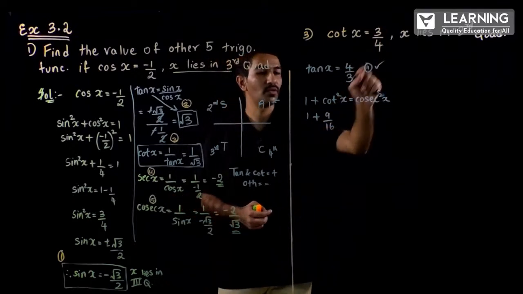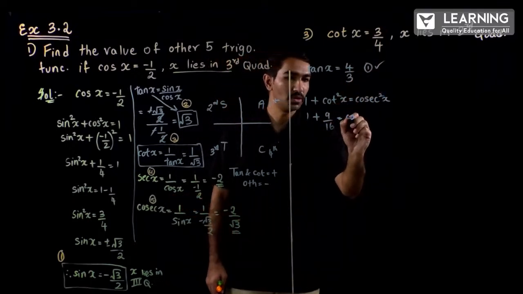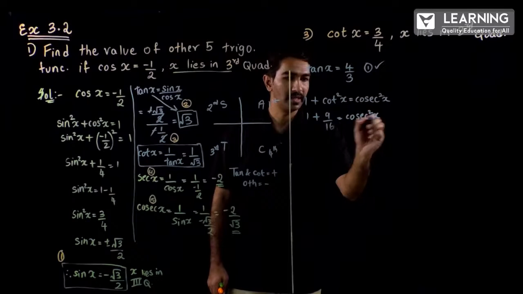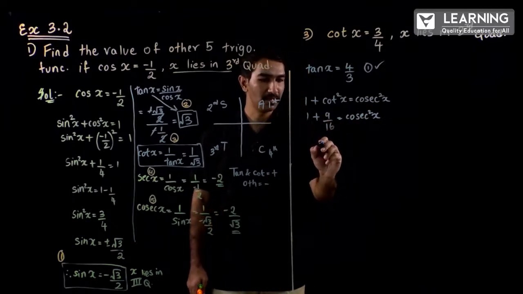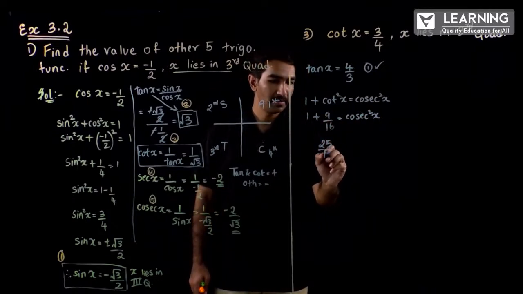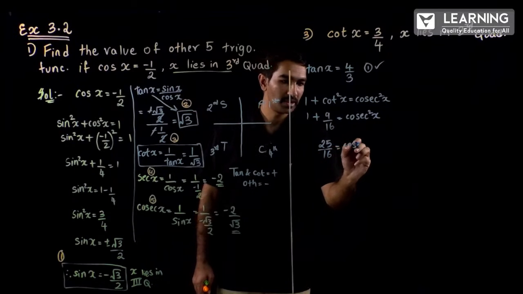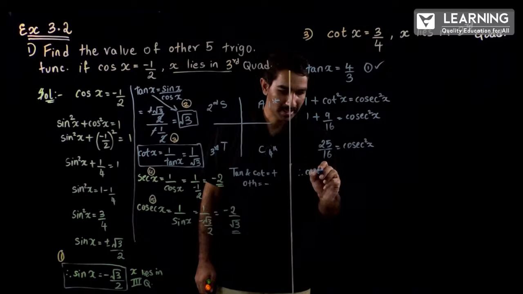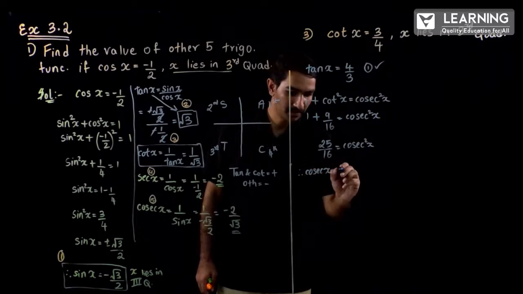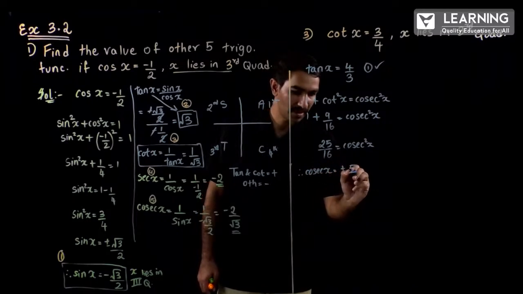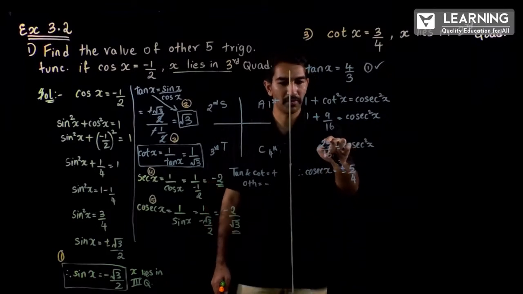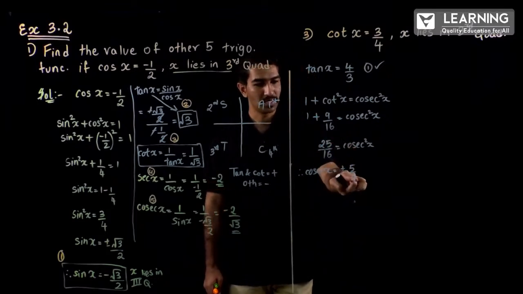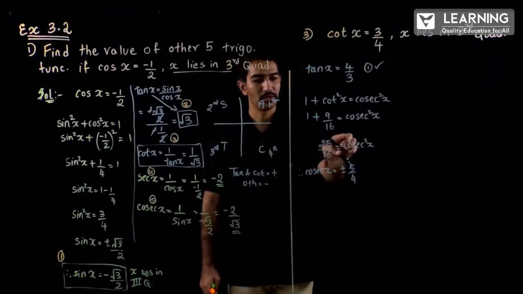Squaring, 3 square is 9, 4 square is 16, which is equal to cosecant square x. Take the LCM, 16 plus 9 will be 25, 25 by 16 is equal to cosecant square x. So therefore, cosecant x will be equal to plus or minus 5 by 4. Root, students, root of 25 is 5, root of 16 is 4, taking square root on both the sides.